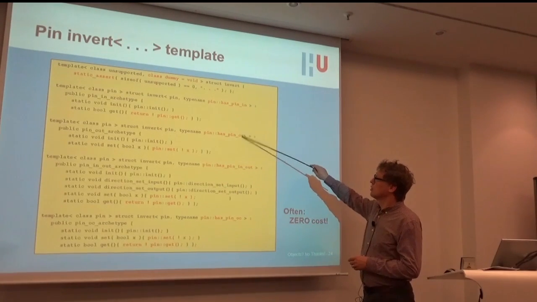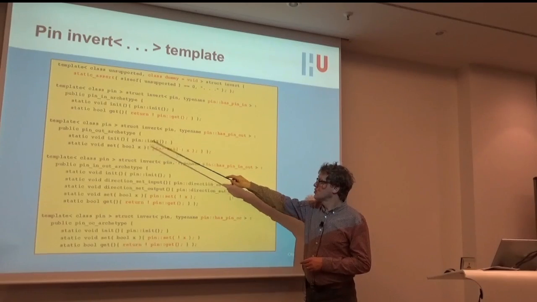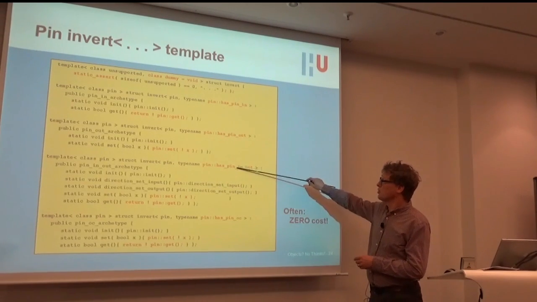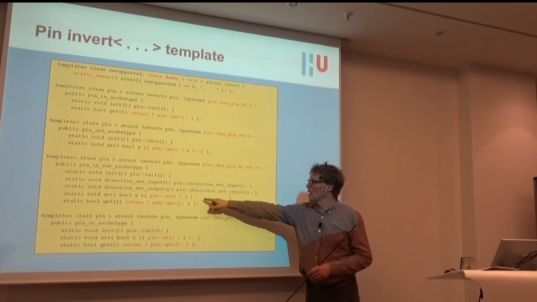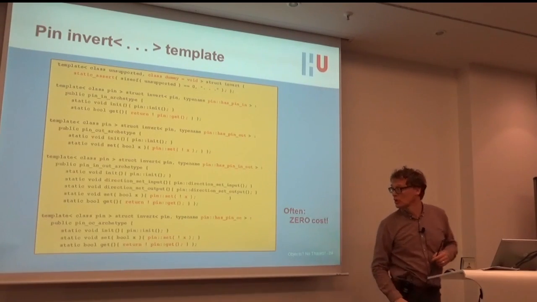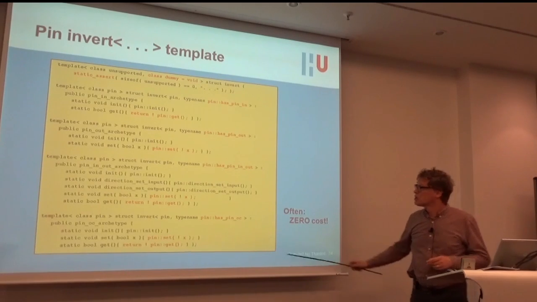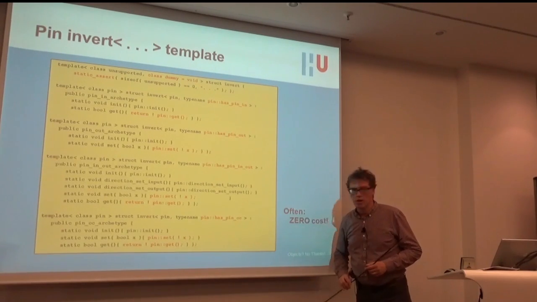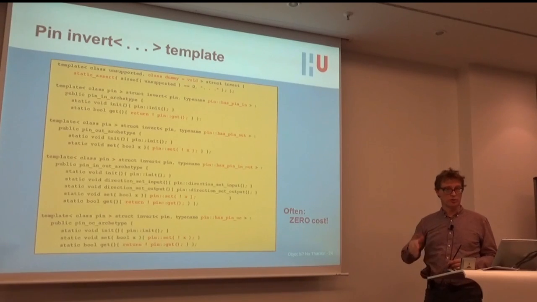For an output pin, you set the inverted value. If you have an input and output pin, then you must supply both of these operations and, of course, forward the other operations. And for an open collector pin, it's the same as this one. You forward both, but invert the value you get or the value you're writing.